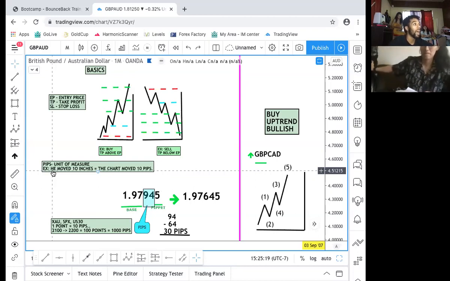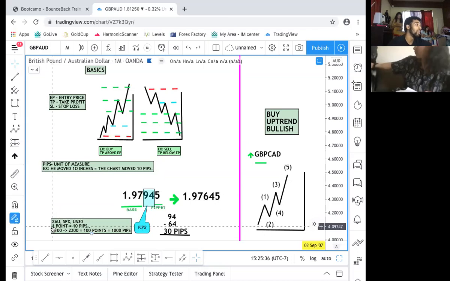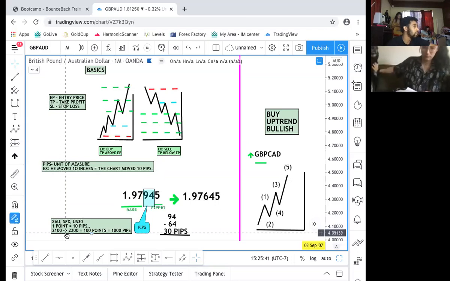But how to calculate our pips, there's two different ways because we have a couple different pairs. For example, for things such as gold, which is XAU, SPX, US30, even NAS, they move in something called points. Pretty much all you have to pay attention to is the whole number. You don't even have to pay attention to the small decimal.